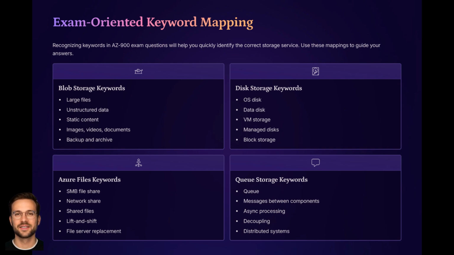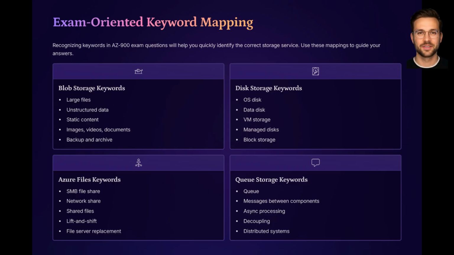VM OS disk, data disk, storage for virtual machines: disk storage. SMB file share, network file share, shared file storage: Azure Files. Messages between components, queue, asynchronous processing: queue storage. If you remember these patterns, you will be in a strong position for storage-related questions in AZ-900.